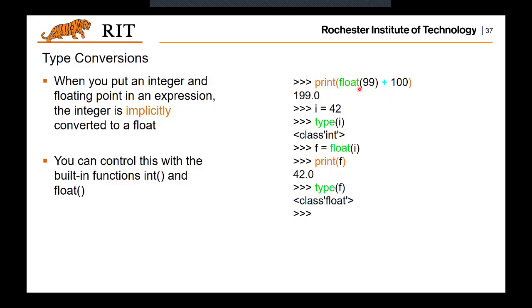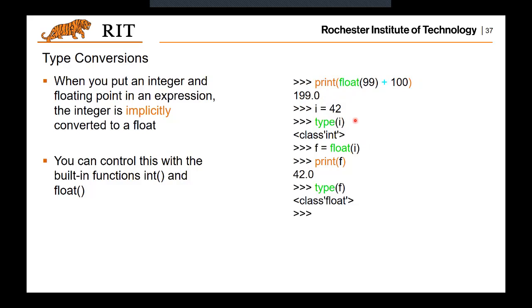For example, in this line of code, you have a float number 99 and an integer number 100, and you want to print out the result of the addition of the two. What Python does is first convert this 100, the integer, to a float number, do the addition and print it out. And it turns out it gives you this, right?